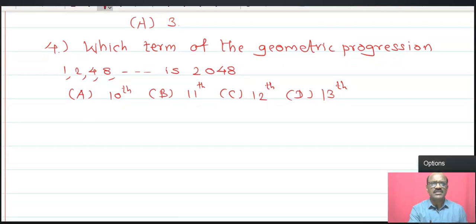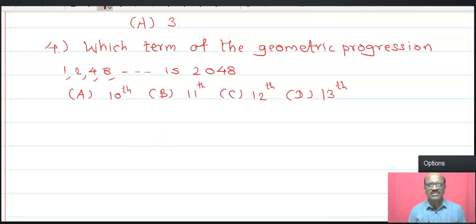Now see this here. Which term of the geometric progression is this term? Now in this case we have the first term a is equal to 1 and r is equal to 2 upon 1, 4 upon 2, 8 upon 4. The value of r is equal to 2. Now we want to find out what n is equal to. That is the 2048 term. Which is the term? That is the 10th, 11th, 12th or 13th.